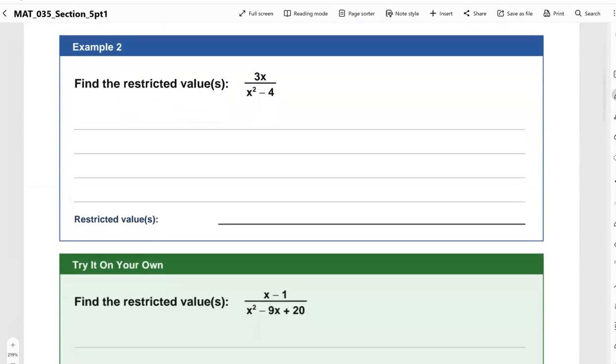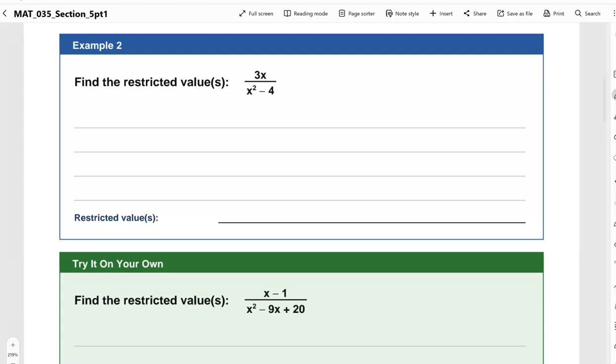For the next one, we want to find restricted values. We have 3x over x squared minus 4. We're going to have restrictions anywhere that denominator is equal to 0. That factors as a difference of squares, x plus 2 and x minus 2. We set each factor equal to 0: x plus 2 is equal to 0, x minus 2 is equal to 0, and then solve for x.